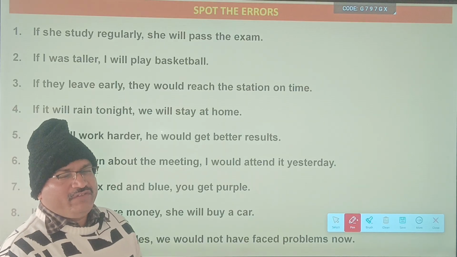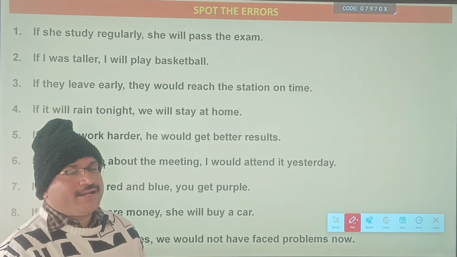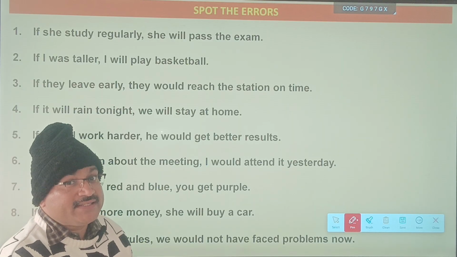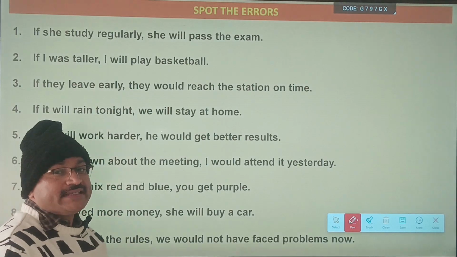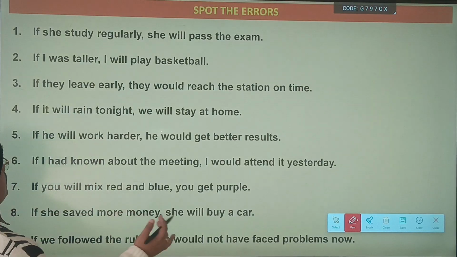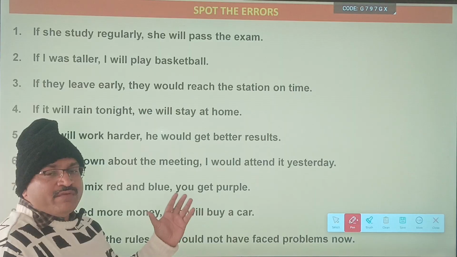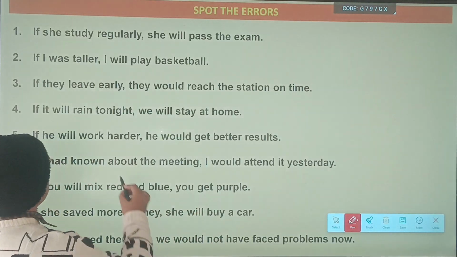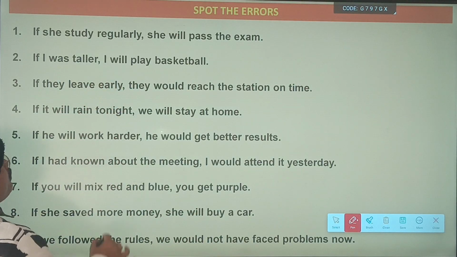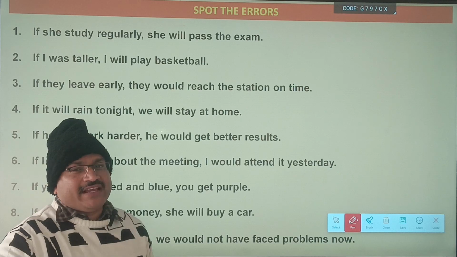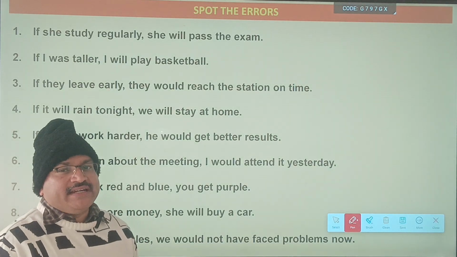Friends, now for revision, let us do some spotting error questions based on this topic, conditional sentences. We have to spot the error in these sentences and then we will correct those errors. If she study regularly, she will pass the exam. This is first conditional sentence. Why?